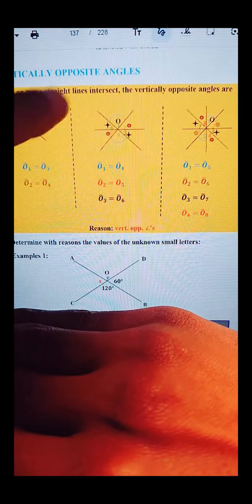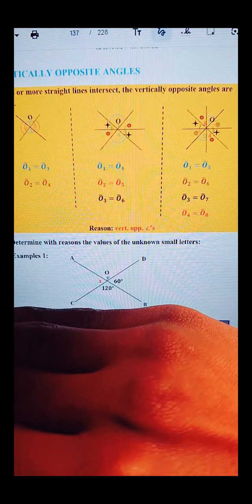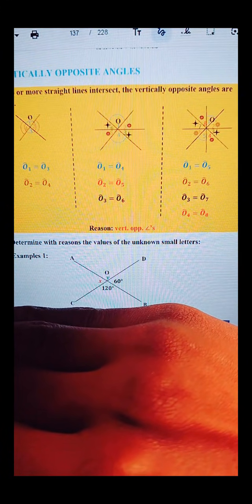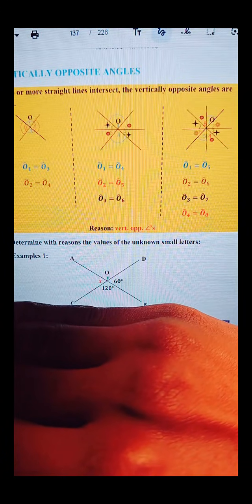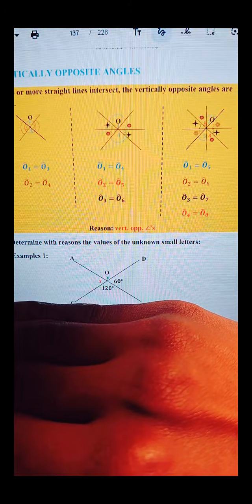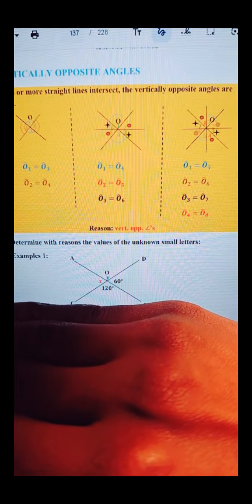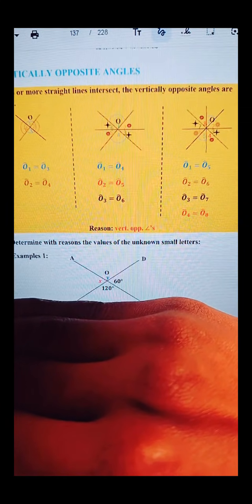Based on this statement that if two or more straight lines intersect, the vertically opposite angles are equal, what can we say is the value of x and what can we say is the value of y? And what would be our reason for each scenario? What is the value of x and the reason? What is the value of y and what is the reason?